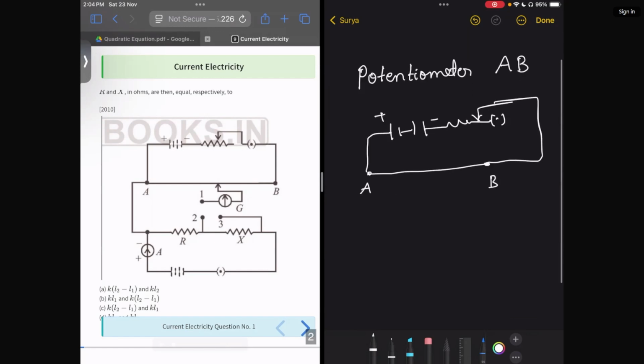This wire has a constant potential gradient.